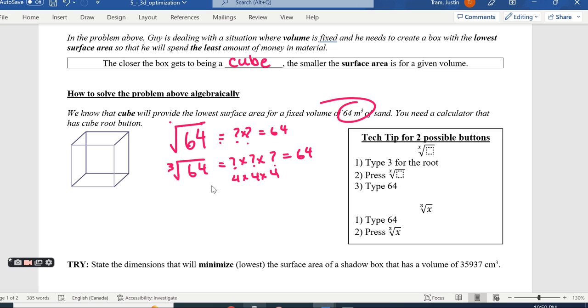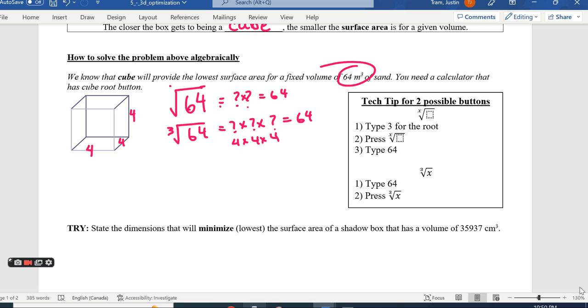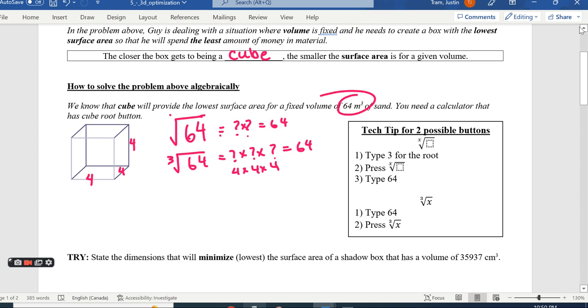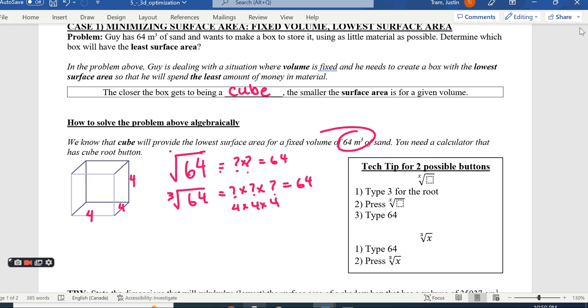So now in a cube, I know that it's length times width times height. Okay? So which means that, well, what was the original question? Determine which box will have the least surface area.